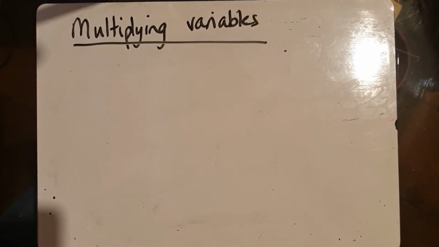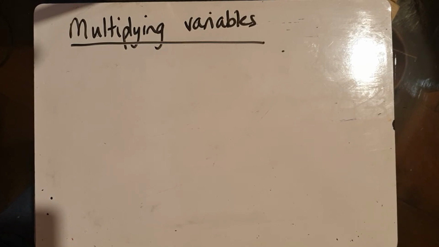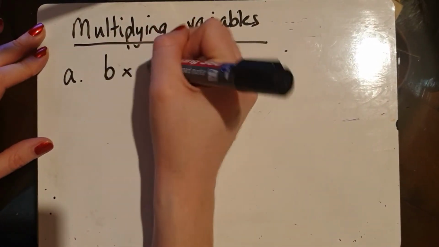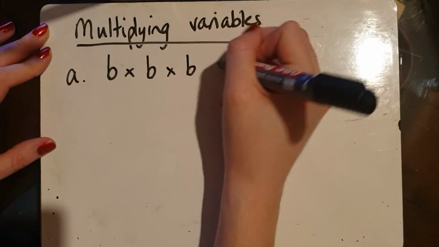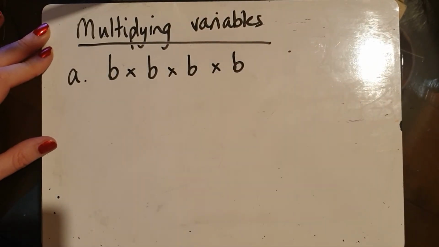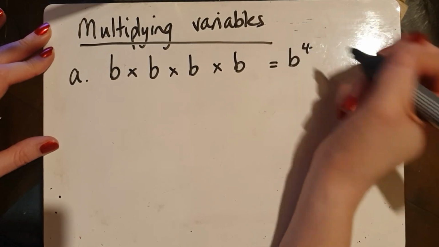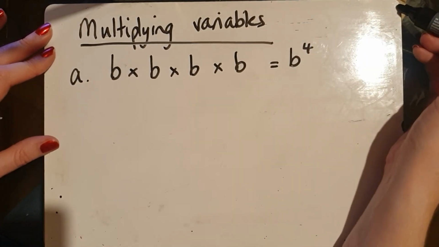The next part of simplifying expressions that we're going to do involves multiplying variables together. So, as an example, if we had b times b times b times b as an expression, we could simplify that by grouping the b's together and having b to the power of 4.